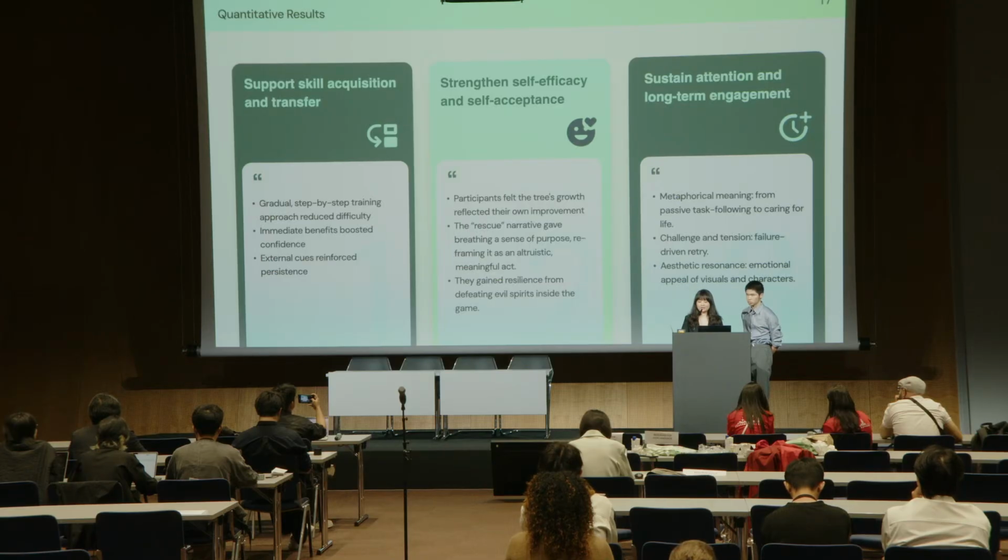Finally, users stayed engaged because the freedom to choose difficulty felt challenging but not discouraging, motivating them through failure and retry. Some participants also continued to play the game because they enjoyed the aesthetic, finding the environment and character appealing.